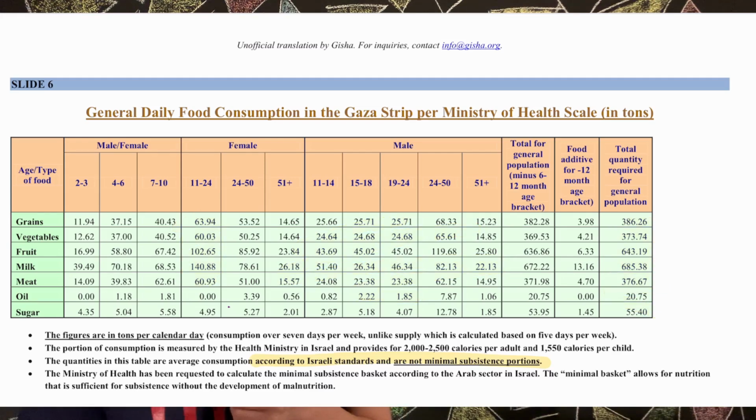We can also see multiple cells listing the number 0, such as the one describing how much oil all girls between ages of 11 and 24 might need. Finding numbers at their lower bounds, like 0, that's a telltale sign of linear programming or other optimization algorithms.